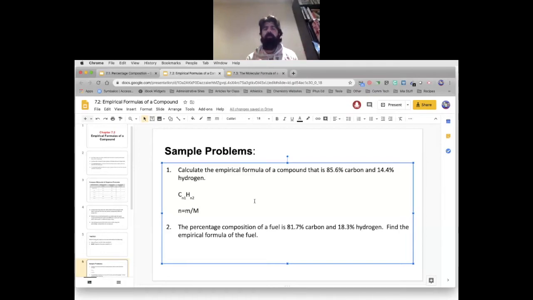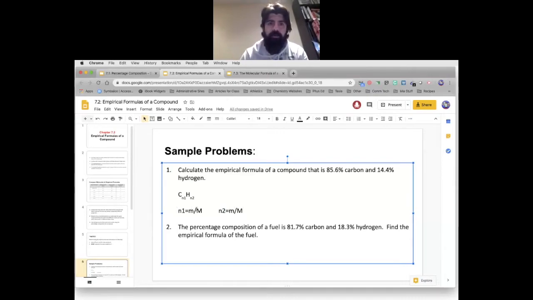Okay, now, we don't have masses here, right? But we can find the molar mass. So, in other words, I can find the moles of carbon using this formula, and I can find the moles of hydrogen using that same formula.